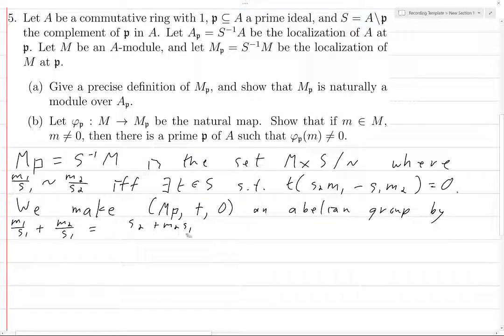Yeah, I think this should be like we have over there: S2 M1 minus S1 M2. Everything here is commutative, so we don't really need to worry about mixing things up. But since this is a module, we're going to say that these are left modules, and so the element of A needs to be on the left. Okay, but anyway, so we have this, and we were dividing by S1, S2.